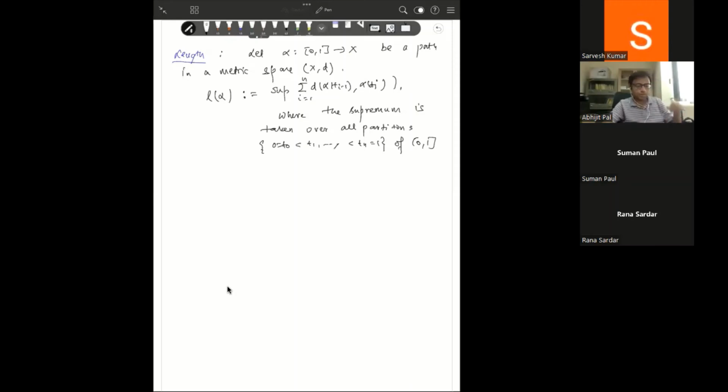So now the question is that this length can be infinite also. Okay, so for example, let us take R2 with the Euclidean metric.